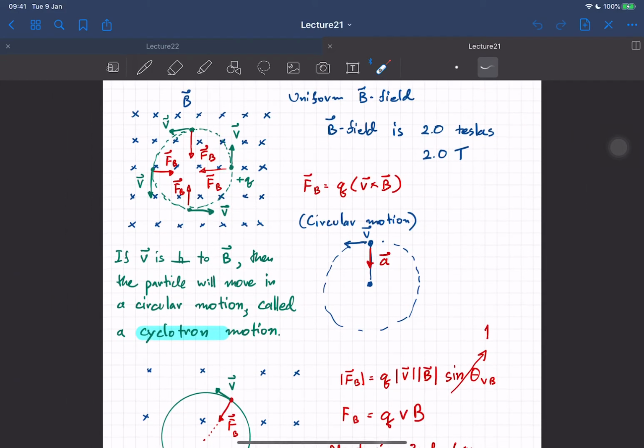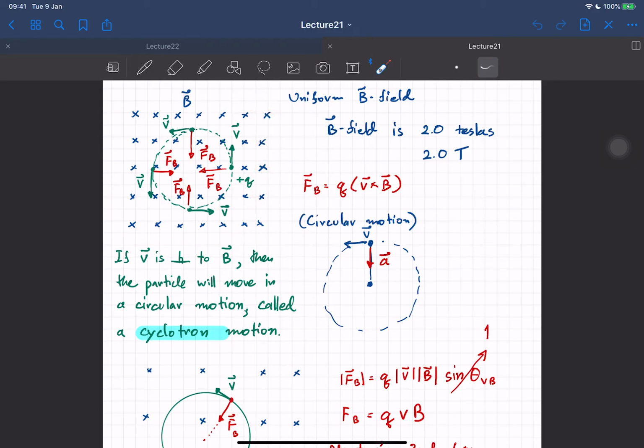The most important application of this is what happens when you have a charged particle moving in a region of uniform magnetic field. You can see here that in the background you have many crosses, right?